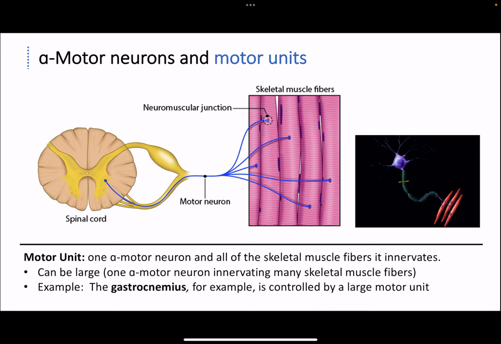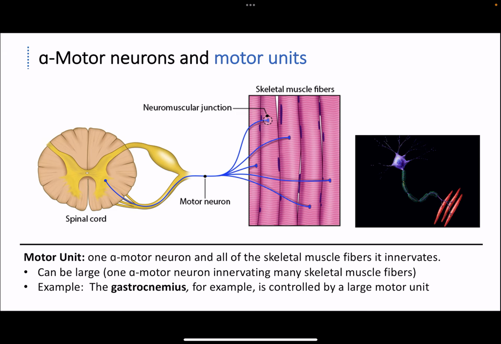So what this means, and it's somewhat intuitive whenever you think about it, is that the smaller the unit, the more precise control you have over the activity that those muscles with that neuron perform, right? So if you have a single motor neuron innervating just a few muscle fibers, you can have very fine, precise control of those muscles, and so thus you get a very fine, precise movement, or activity.